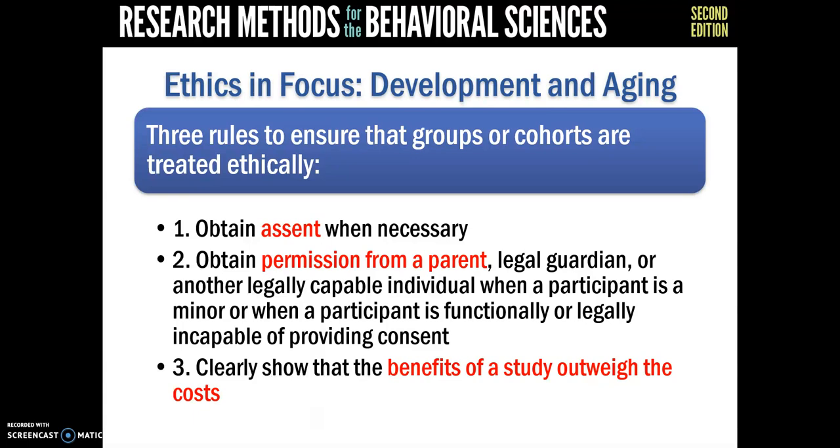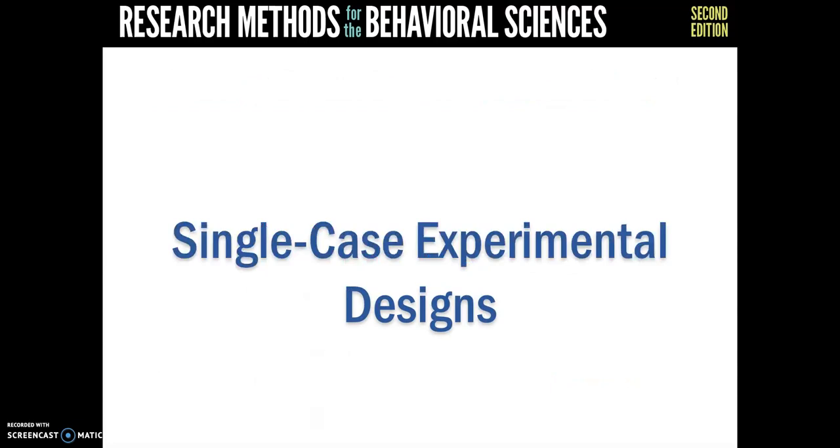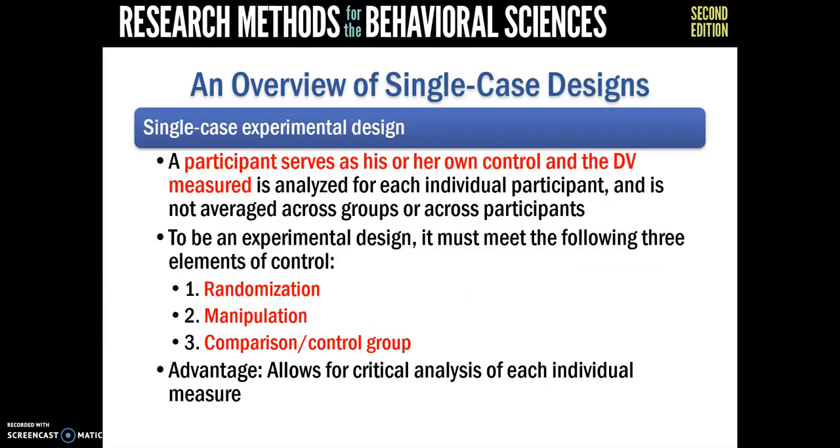A reminder, with kids, you might want to get assent, along with consent from the parents as well. Single case experiments are usually rare cases, because you have certain things that you want to test. People who have certain diseases like Parkinson's or Huntington's disease or ALS, all of those are special cases.